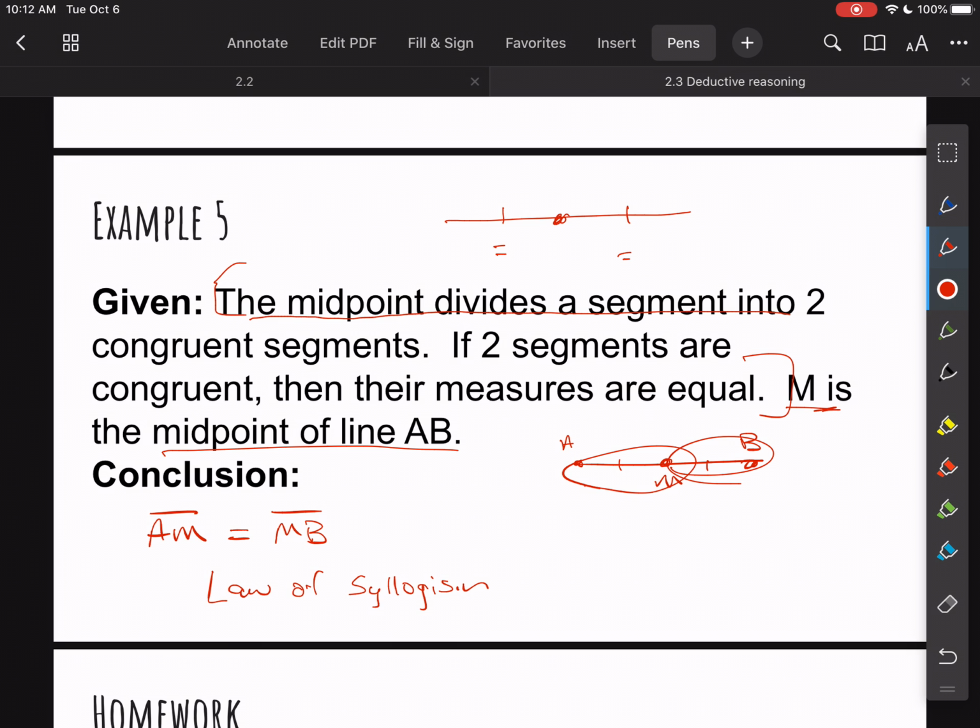The part that is in both things is the congruence. Two segments congruent, two segments congruent. We can cut those out and just say if we know the midpoint and it divides the segment up, then the measures are equal. All right, so AM is equal to MB.